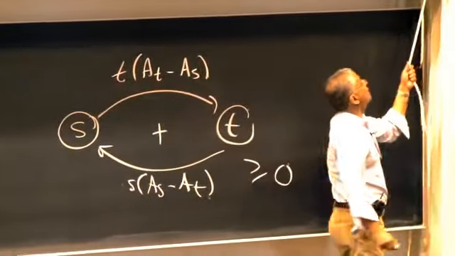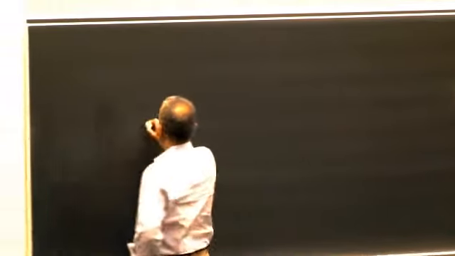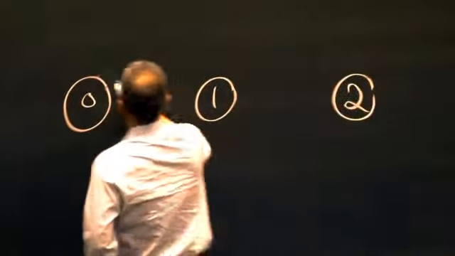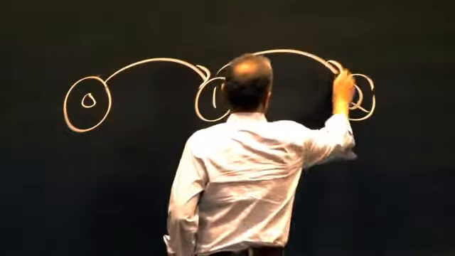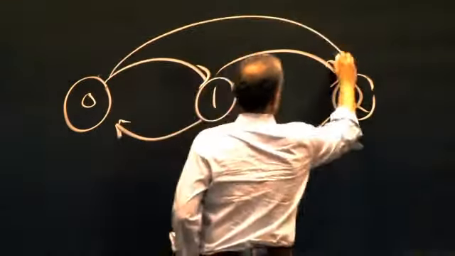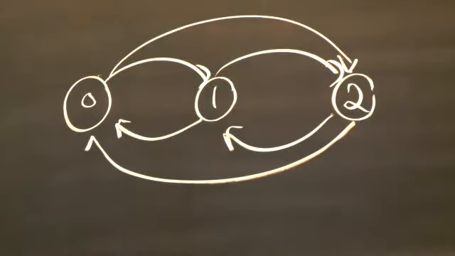Because the types are one-dimensional, it means the network you have is very special. What does it look like? Here's the dummy source, the dummy type. That's what the network looks like.